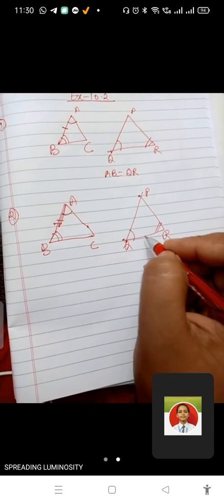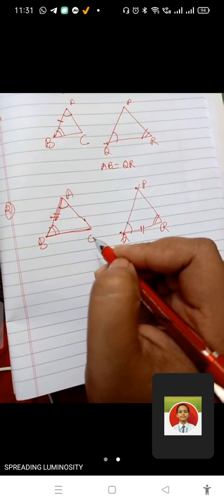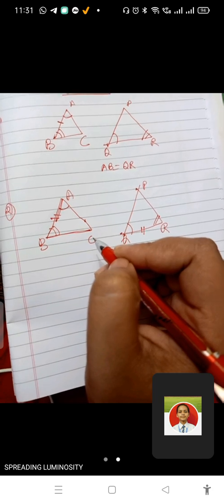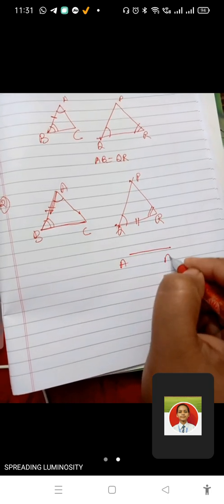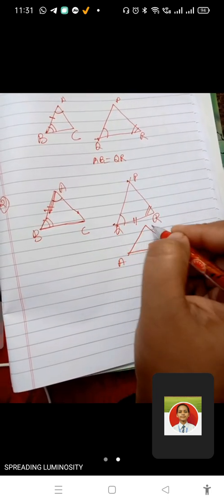This side AB is equal to QR. So BC should be equal to which side? Can you rotate this triangle? When you rotate and keep this side AB downward, then we will see that C will be on the top.